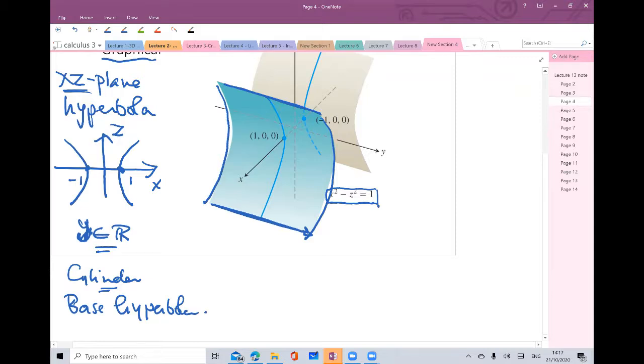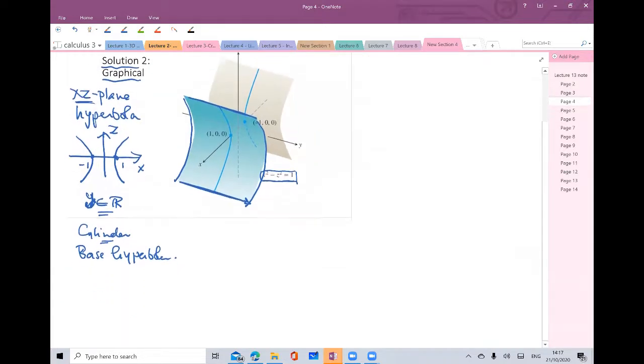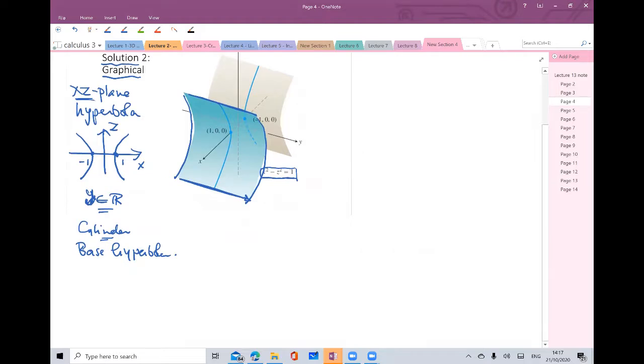Got the idea? Now I know that this is the surface. I'm looking for points on this surface, any point on this surface, but at the same time I want the minimum distance from the origin. From this shape, what is the minimum distance from the origin?